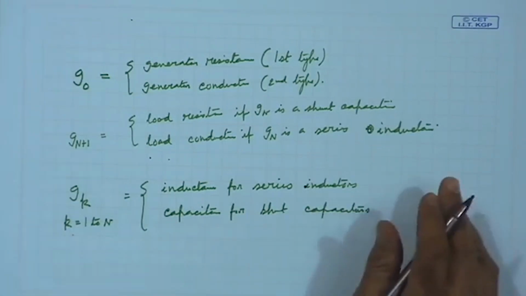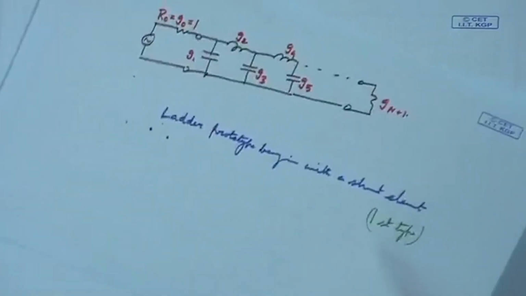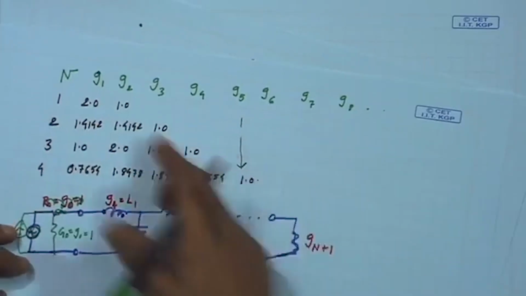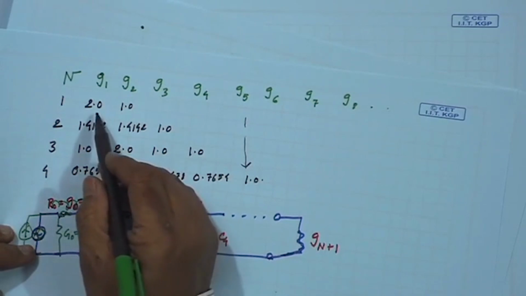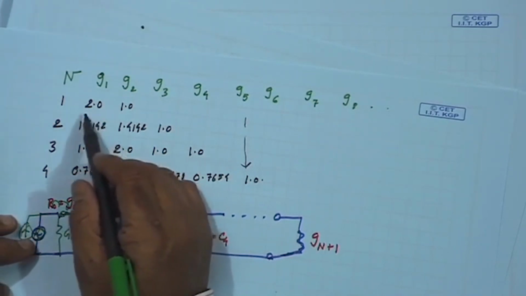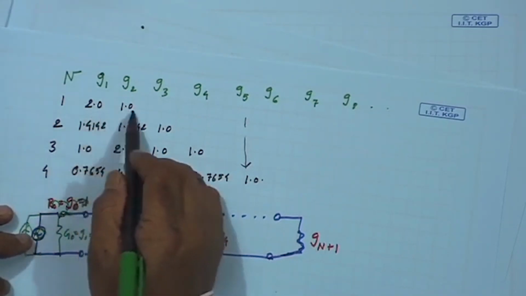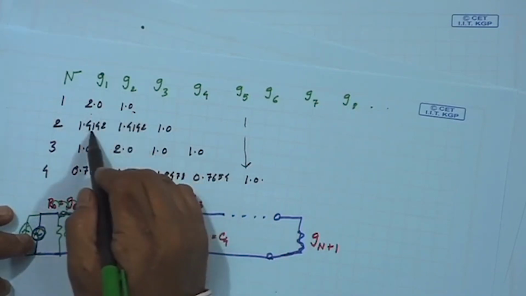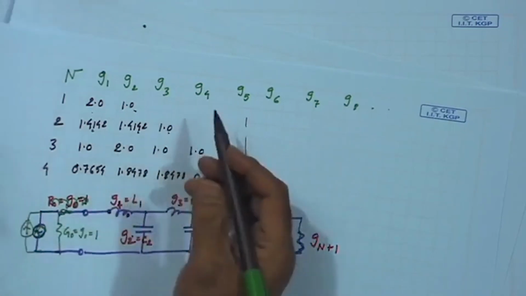So, the moment that has been done, you see this generalization now looks meaningful. They have specified various values. Now, it is up to us which design we are following. Accordingly, we will choose whether it is an inductance. If it is inductance, this is capacitance. If it is capacitance, this is inductance, this is capacitance, like that.